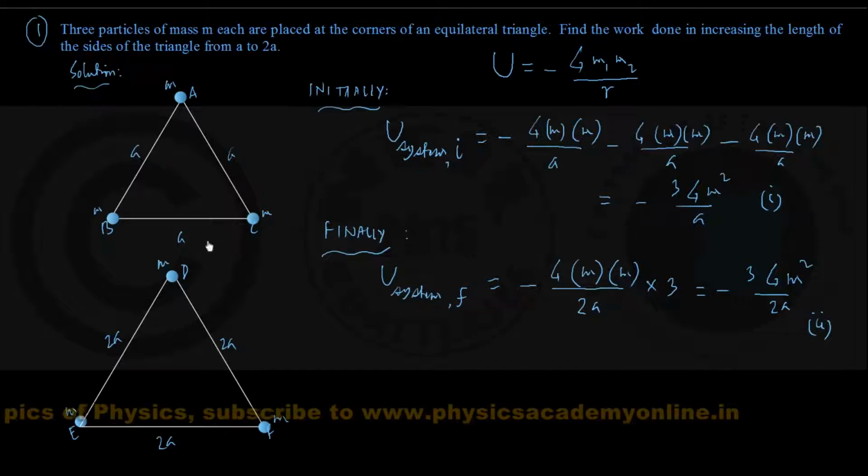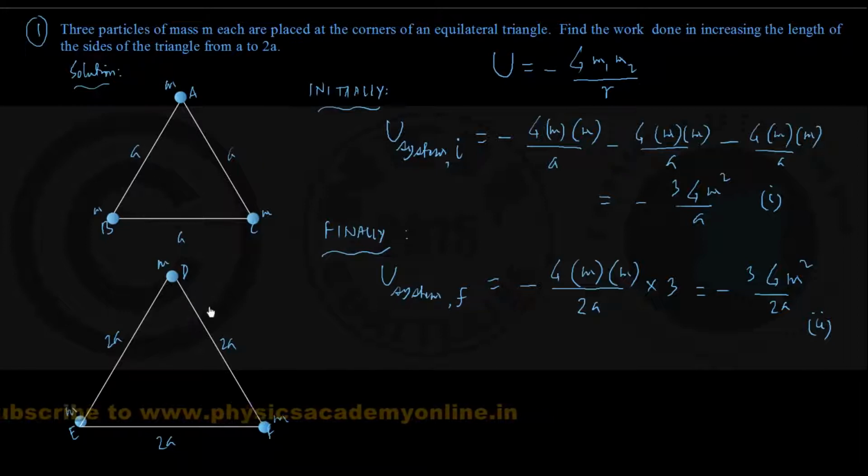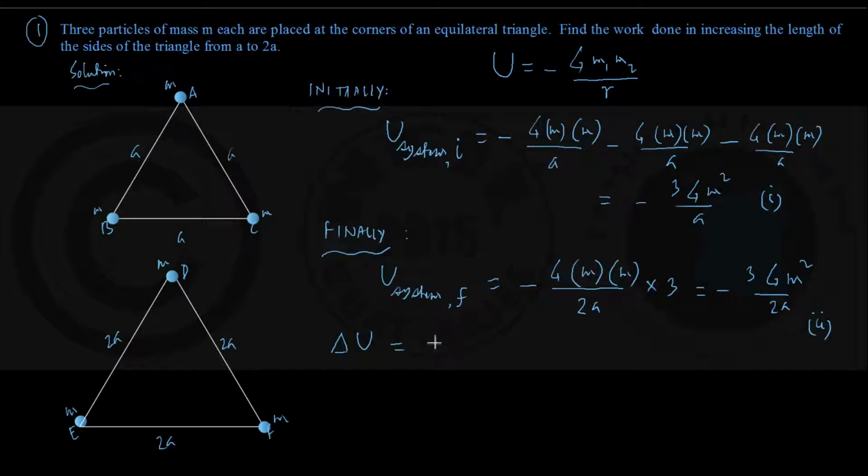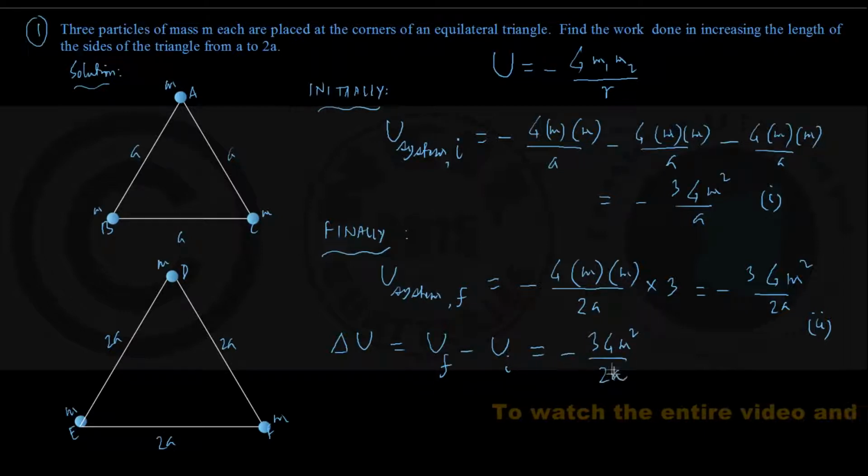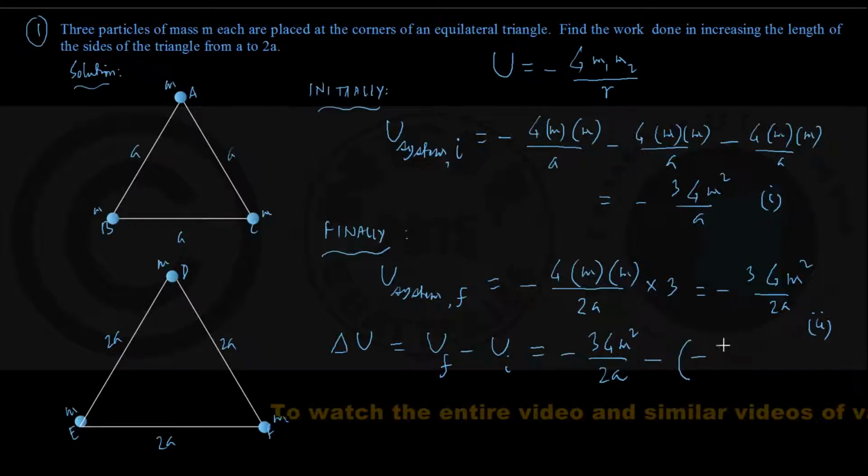Tell me, is it an increase or decrease in potential energy? It is common sense that as the separation between them has gone up from A to 2A, the absolute value of the system's potential energy has gone down. Therefore, the change in potential energy for the system, that is the final value of the potential energy minus the initial value of potential energy, is coming out to be minus 3 G m square divided by twice A minus the value of initial potential energy, minus of minus.